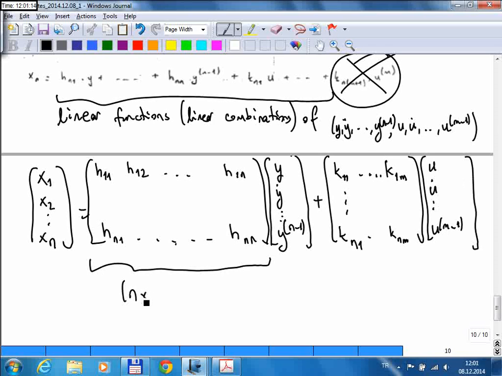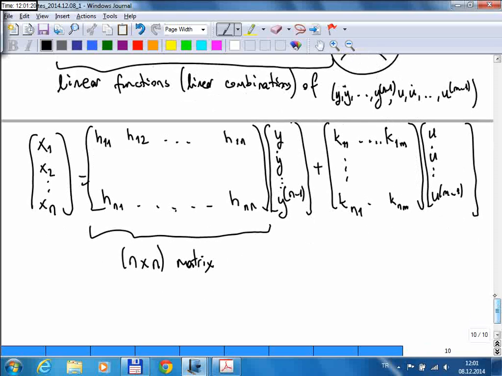This is an n by n matrix. And this is an n by m.